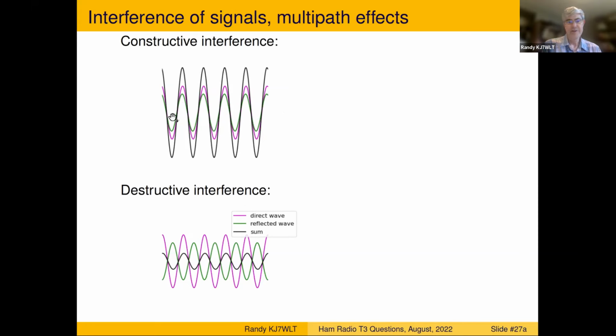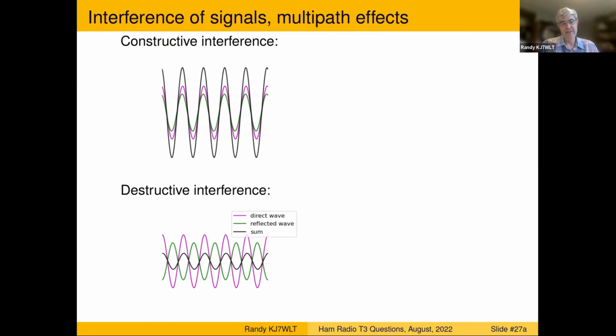But it's got the same frequency, and the phase in the top picture, they just happen to arrive in such a way that the phase of the reflected wave and the phase of the direct wave are lining up pretty well. And so the total signal that's being seen by your receiver is the sum of those two, and it's got the same frequency, but it's got a bigger amplitude than the direct wave, almost twice as big in this case, because the reflected wave is adding to it.